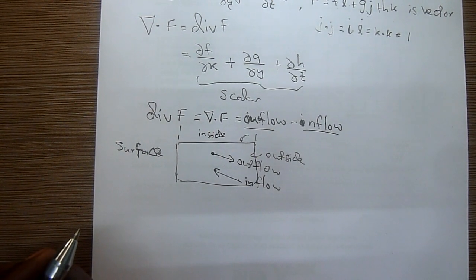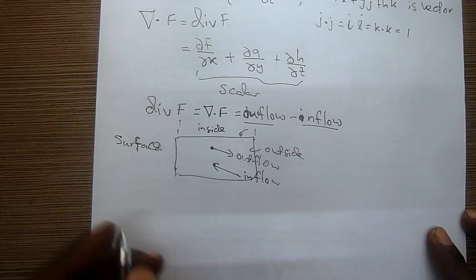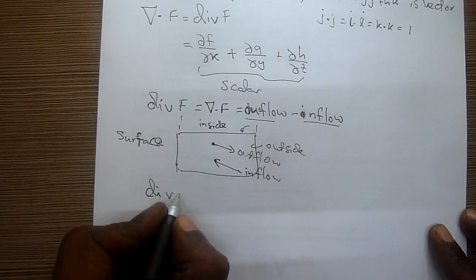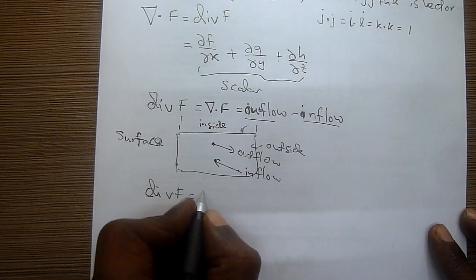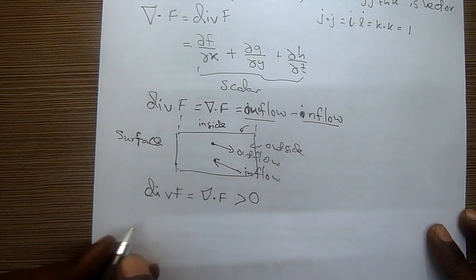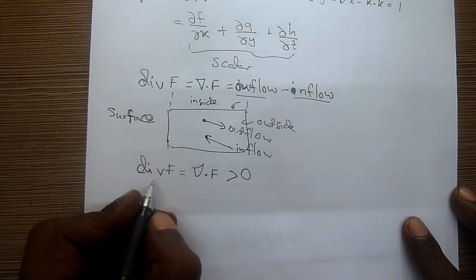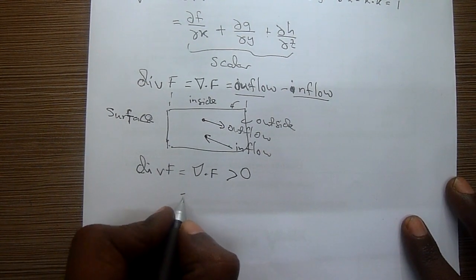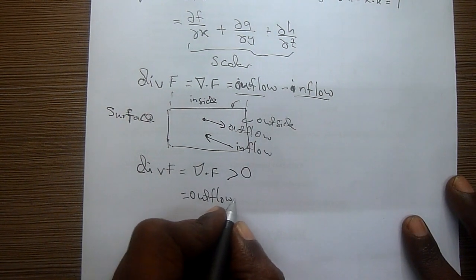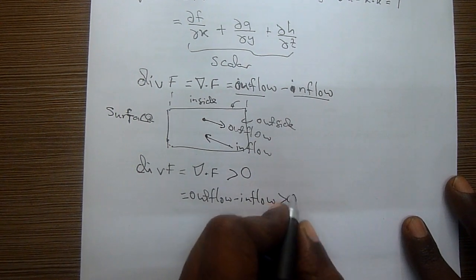Generally, when we define div f as del dot product with f, and it is greater than 0, this means, very simple, that outflow minus inflow is greater than 0.